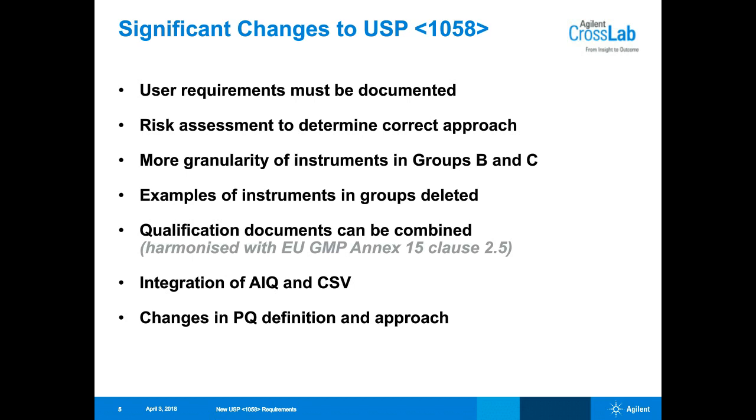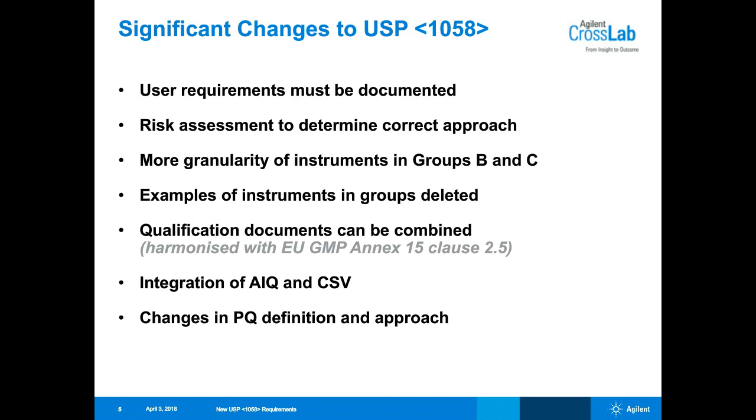There is also the ability to combine qualification documents, and this is now harmonized with European Union GMP Annex 15, Clause 2.5. In the 2008 version of 1058, software was looked at as a separate process.